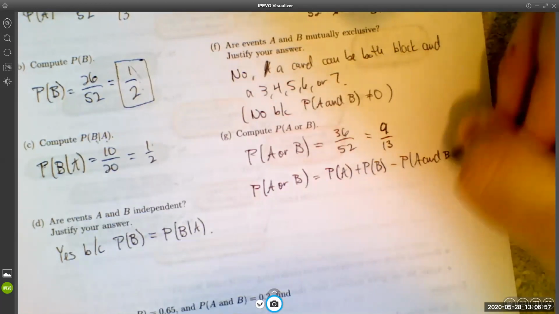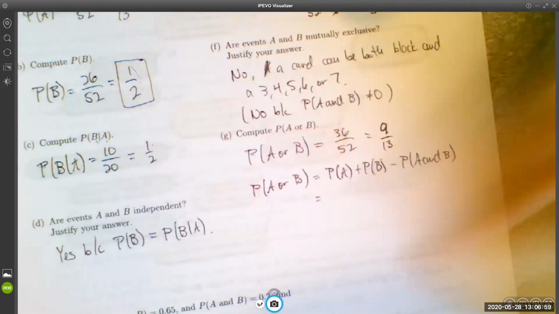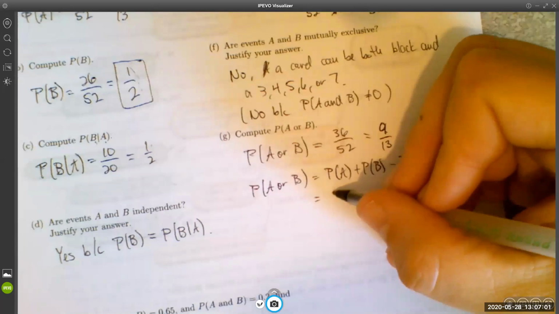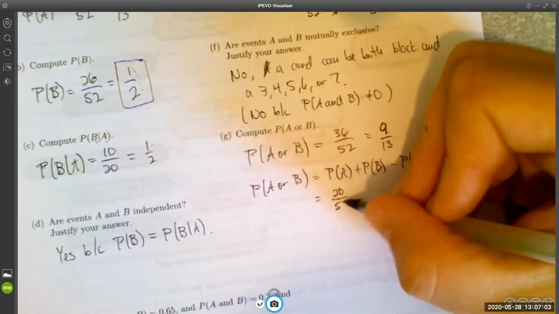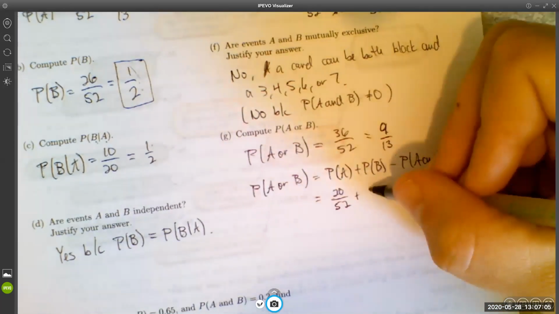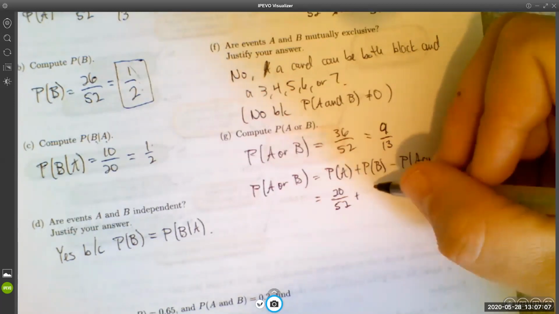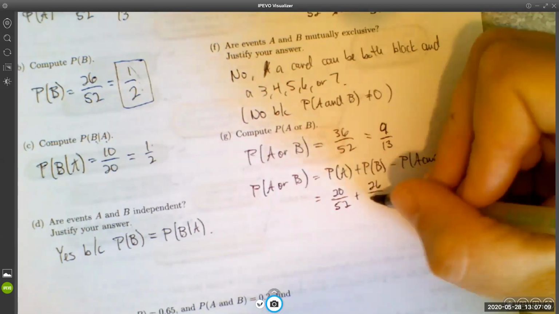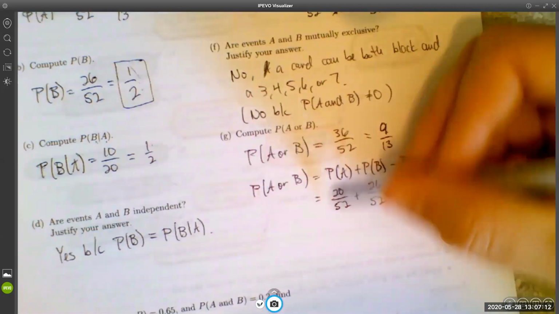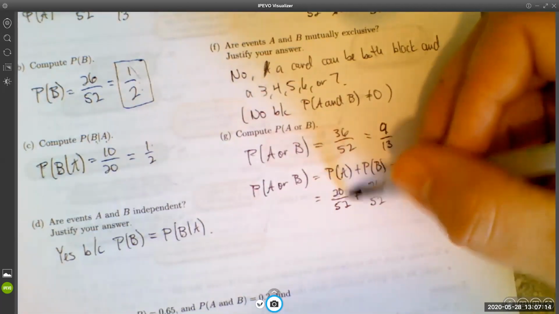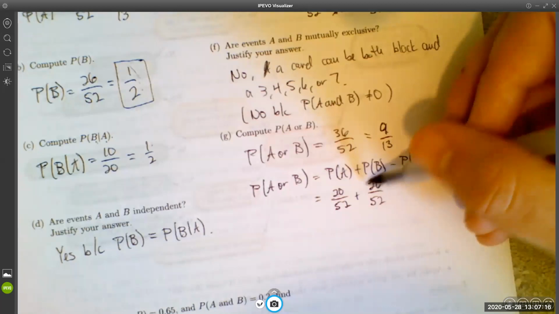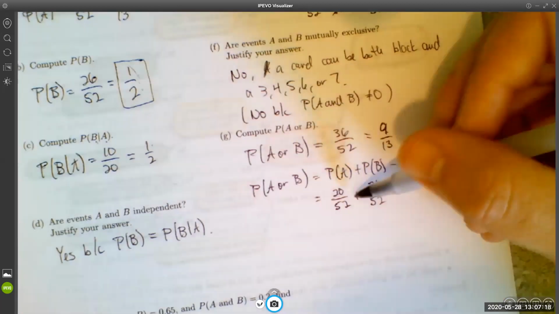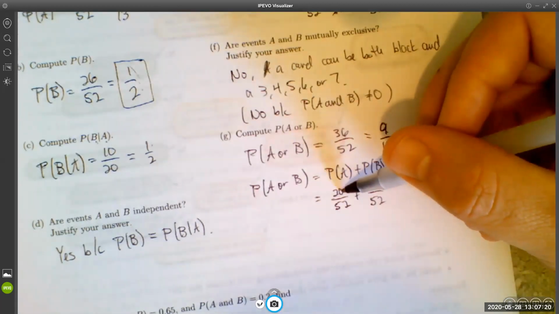Okay, probability of A is 20 out of 52. Probability of B is 26 out of 52. But then if we count up just the number of 3, 4, 5, 6, and 7s, and then count up the number of black cards, then we've double counted the cards that are both 3, 4, 5, 6, 7, and black.